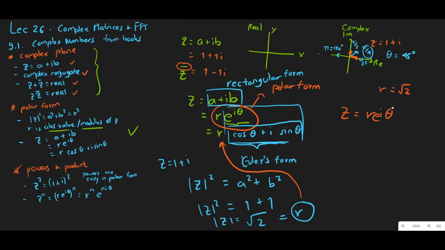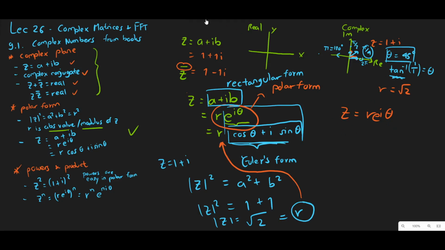Another way to find it is by using the tan inverse of this side divided by this side, so tan inverse of 1 over 1, and we know it is equal to 45 degrees.